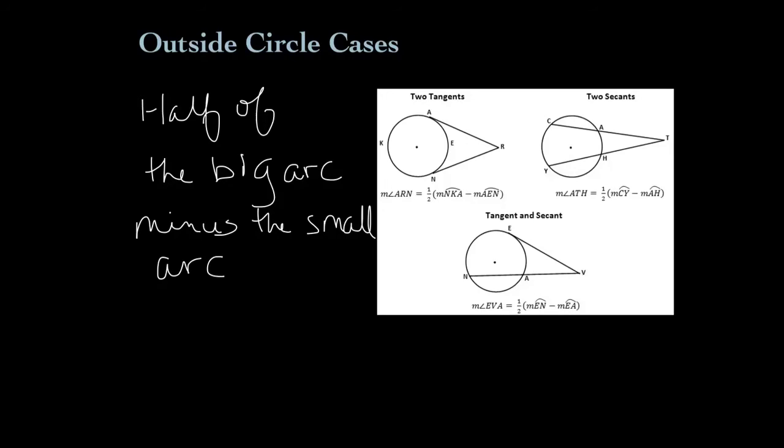They won't always be major versus minor. Like if you look at this one over here, these are both minor arcs. So we'll take the larger minor arc minus the smaller minor arc. I could add that the big arc will always be the far one, and the small arc will be the near one. So this one's farthest away from the angle, and this one's near to the angle.